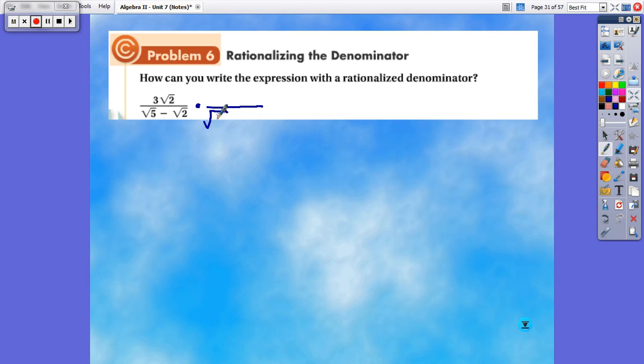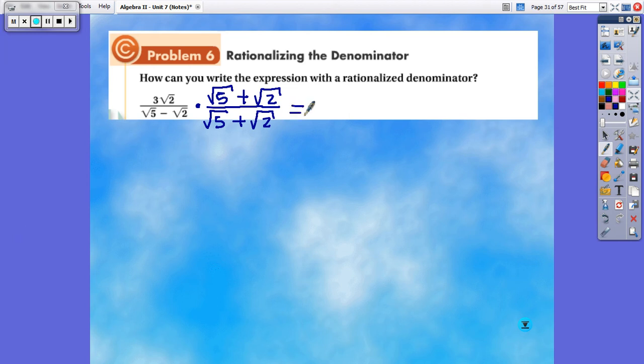The conjugate is going to be the square root of 5 plus the square root of 2. Because remember, I'm just doing the opposite sign right in the middle of the two numbers. And in order to multiply by the conjugate, I can only multiply by 1. And the way I multiply by 1 is by multiplying something over itself. So I'm not changing the expression at all because all I'm doing is multiplying by 1.